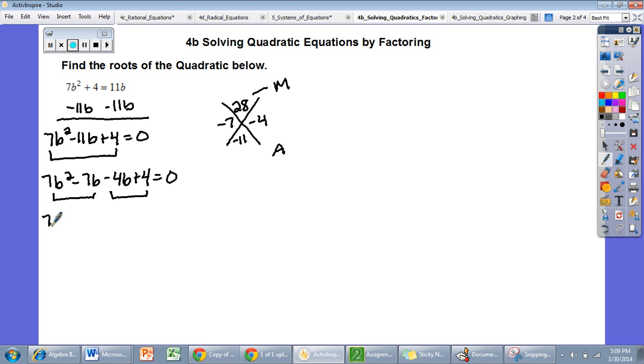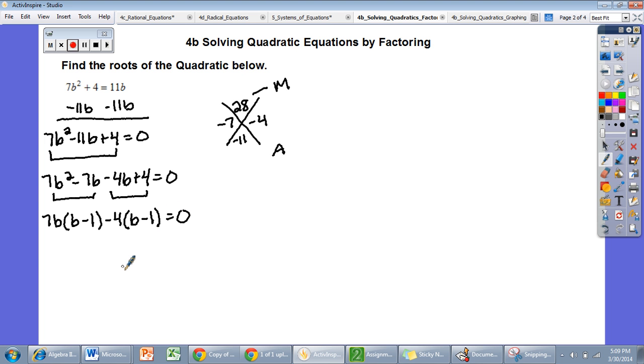So in this case, that's going to be 7b, and that leaves me with b minus 1. Now here, I could either take out a negative 4 or a positive 4, but I know I want to be left with a positive b minus 1. So that tells me I'm going to factor out a negative 4 so that this b is positive and this is a minus 1.